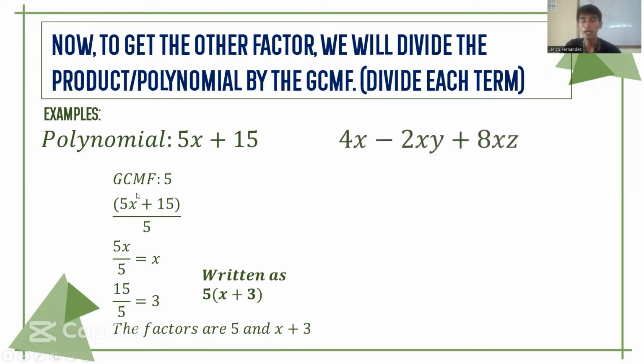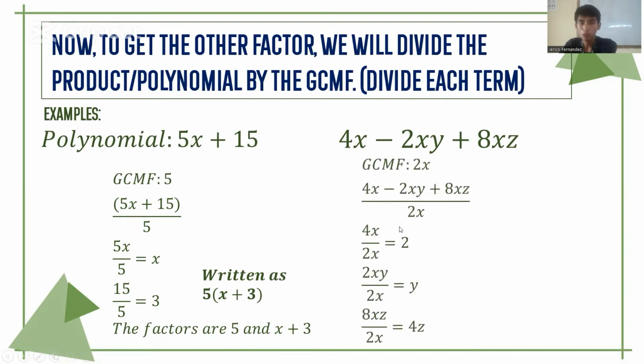Okay? Now, we have 4x minus 2xy plus 8xz. Ang GCMF nito ay 2x. So, di-divide natin ang buong equation sa 2x. We have 4x divided by 2x is 2. Kasi makakancel na yung x. 4 divided by 2 is 2. 2xy over 2x cancels 2x. You only have y.